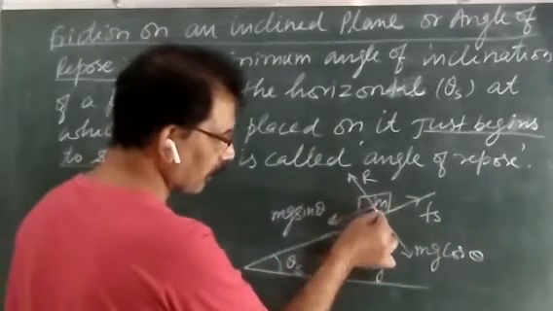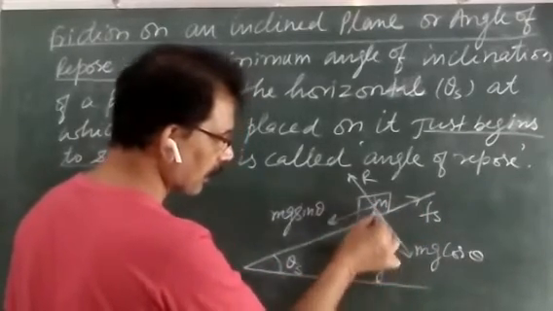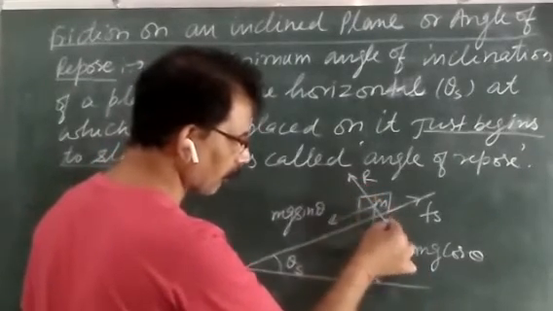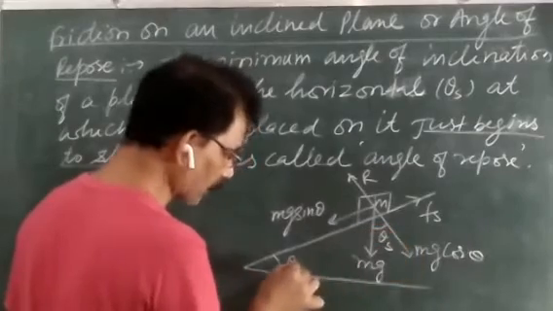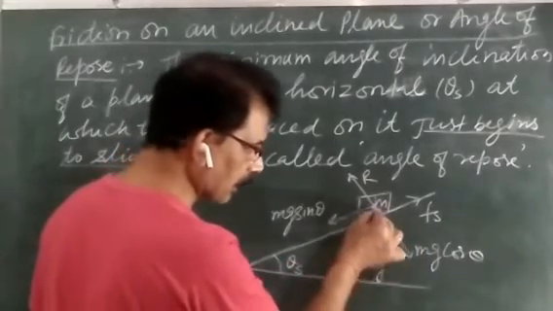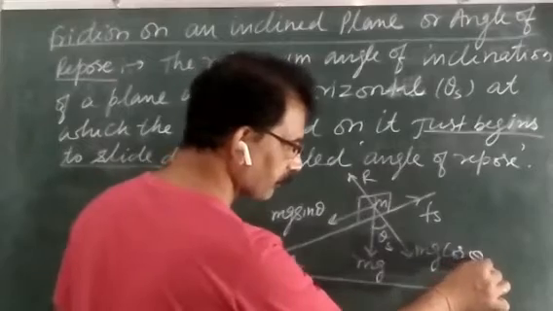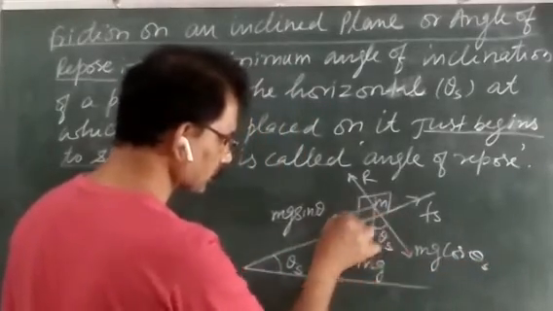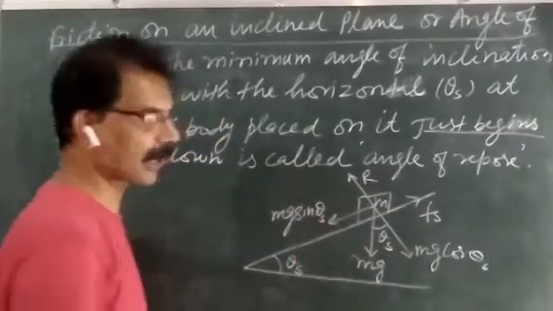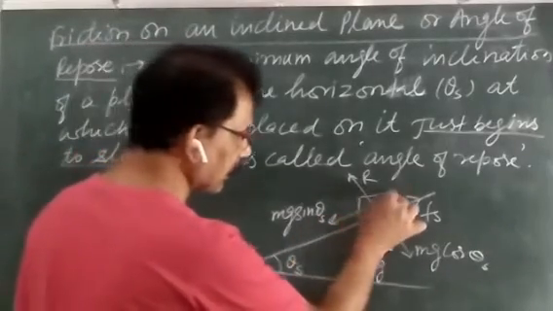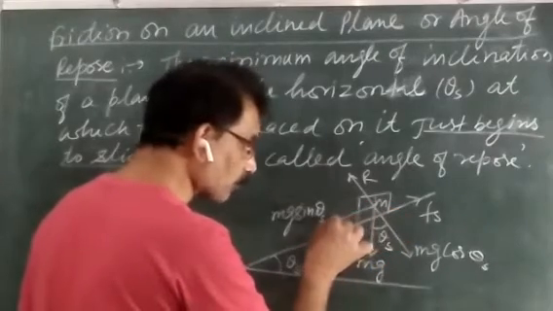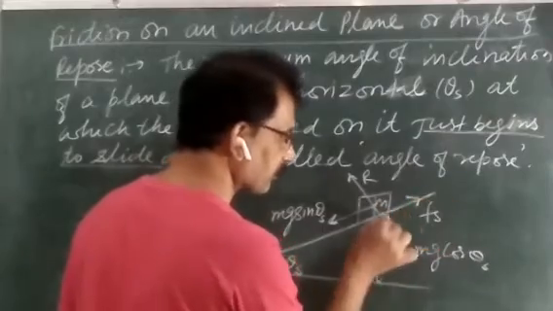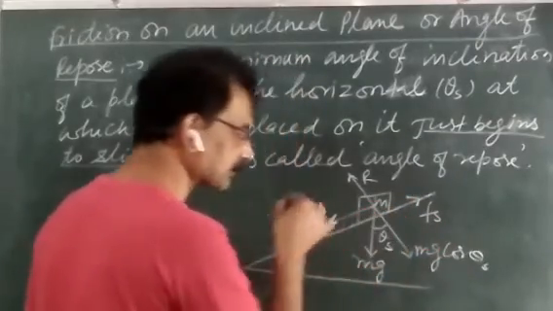When we extend this normal reaction in the backward direction, the angle between the weight and this extended normal reaction is the same angle, theta s. The component of mg along this direction is mg cos theta s, and the component of mg along this direction is mg sin theta s. Since the tendency of this block is to slide down, the maximum static frictional force Fs acts opposite to this sliding direction.